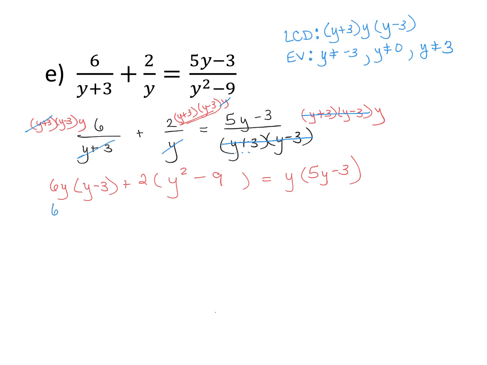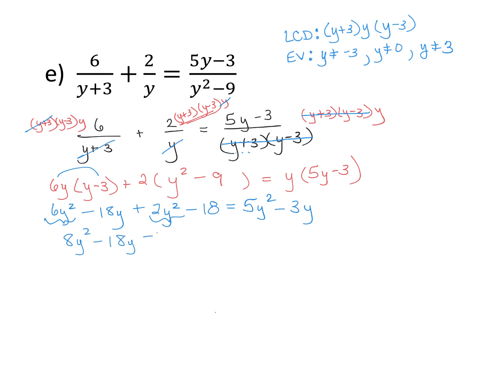I have 6y squared minus 18y plus 2y squared minus 18 equals 5y squared minus 3y. So let's collect like terms on this side. So we have 8y squared minus 18y minus 18 equals the other side.